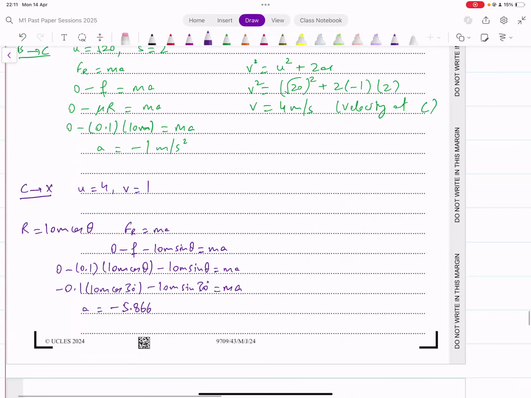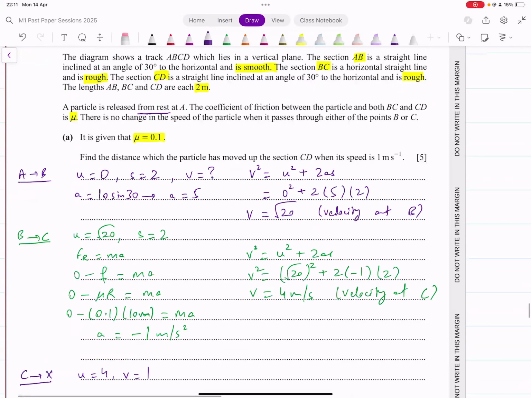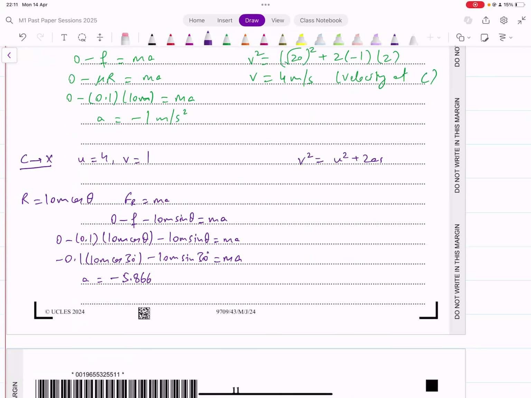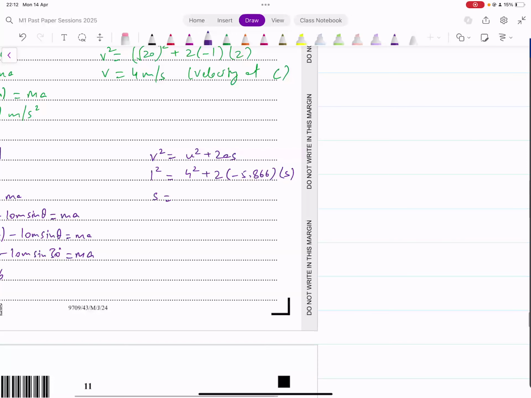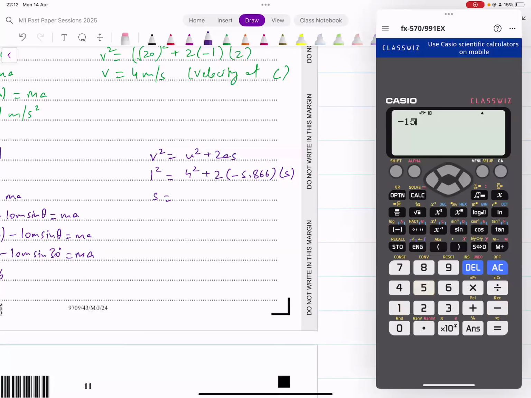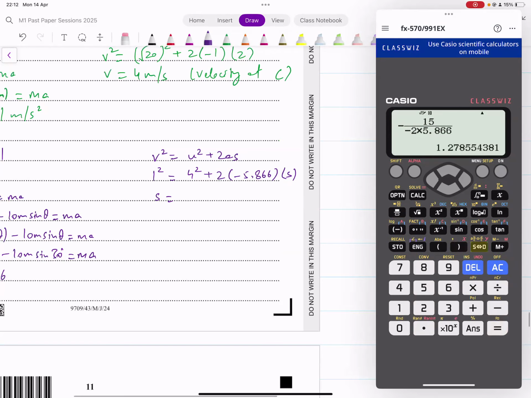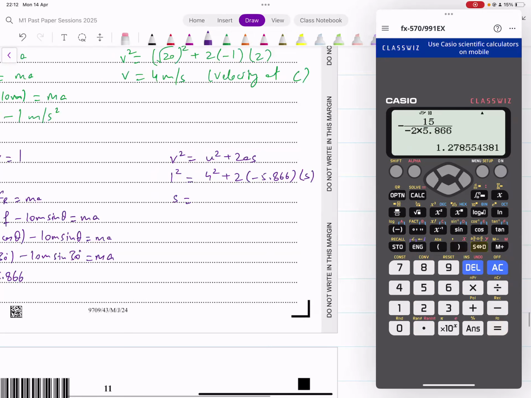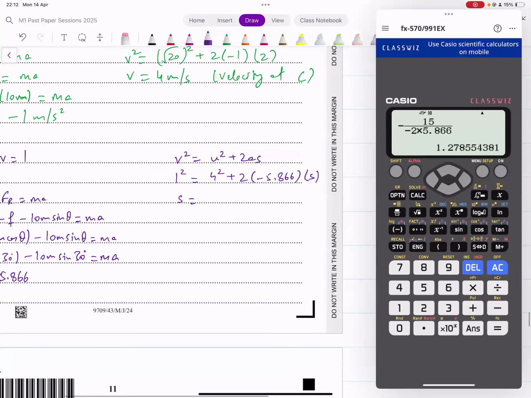What equation do we use now? v squared equals u squared plus 2as. So minus 15 divided by minus 2 into 5.86. So 1.28 meters, that's the answer.